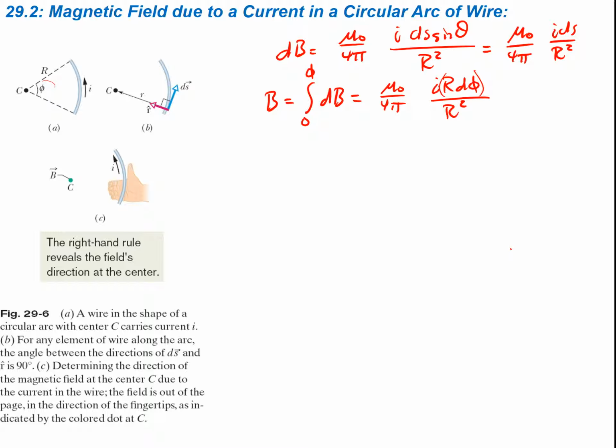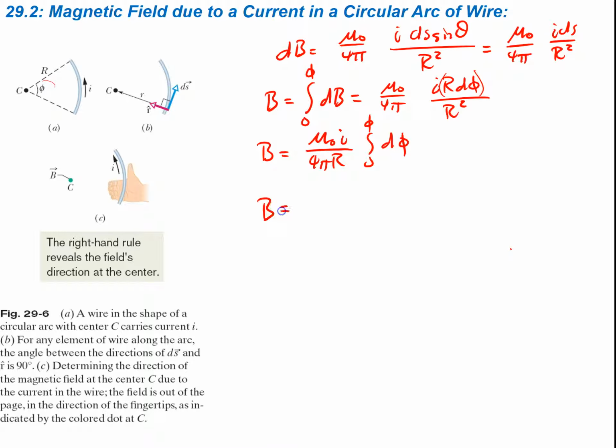Okay. Now, this actually simplifies quite a bit because I is a constant, r is a constant, and then again, r is a constant. So really all we have as a variable is this phi. All right, so our magnetic field is then going to be mu naught I over 4 pi r times the integral from 0 to phi of d phi, which we know is just going to be phi.